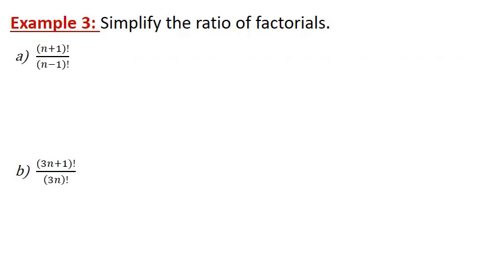Okay, so the first example I want to address involves factorials. And factorials are those fancy numbers that have exclamation points. For example, 4 factorial. Now, please do not confuse this with 4, like if you are golfing with me.